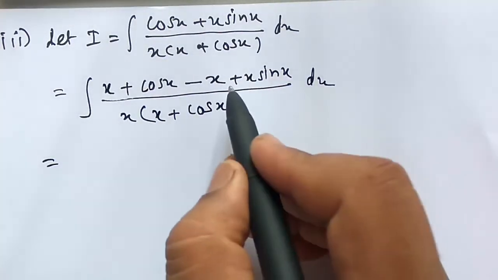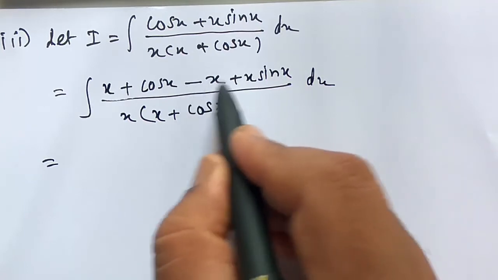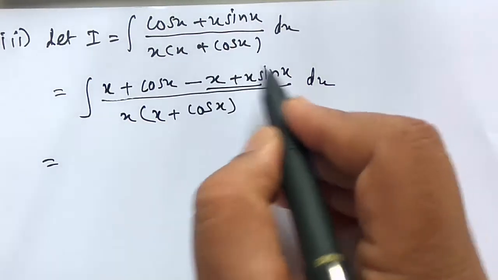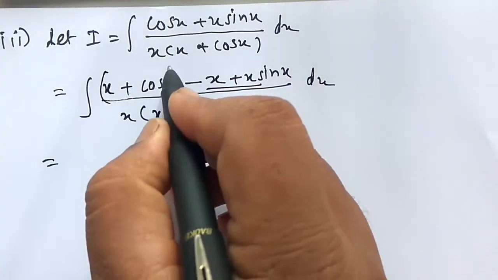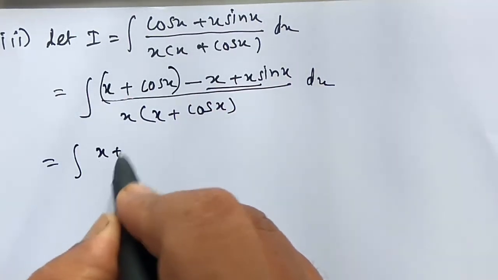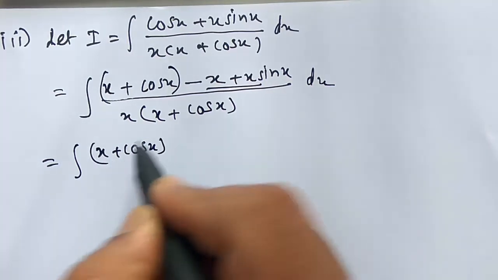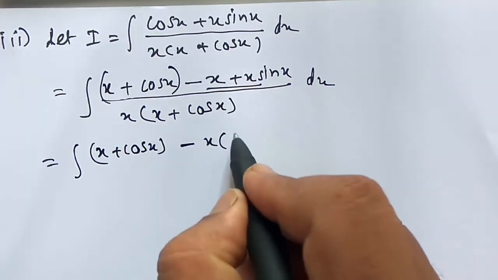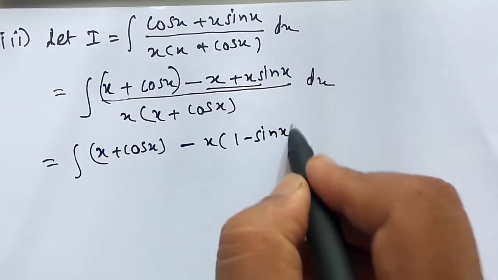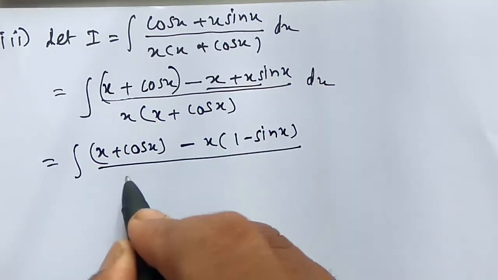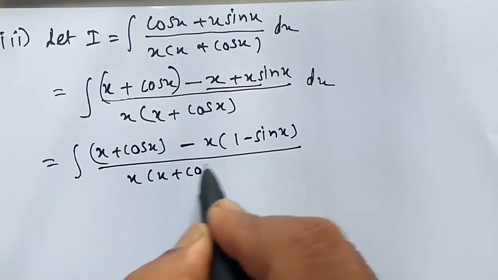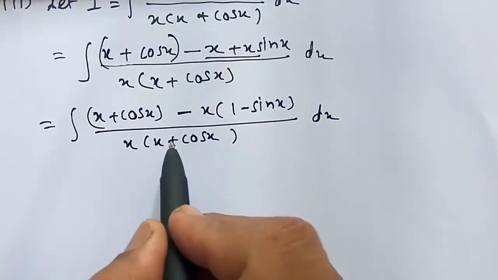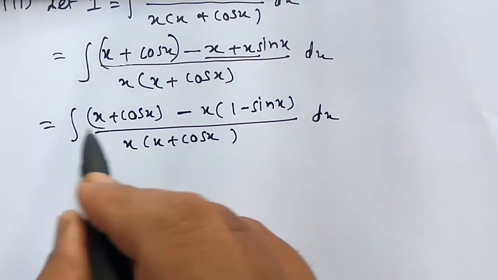is equal to, I can take x common, minus x common from the last two terms, and this is taken together x plus cos x, minus x is taken common, 1 minus sin x upon x plus cos x dx. Now dividing this into each term and taking integration.